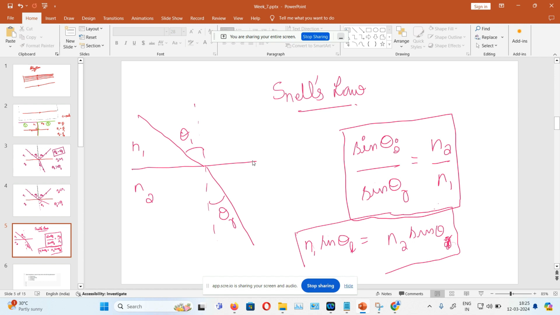Okay, let us do some calculations based on this Snell's law. Take some time to understand.